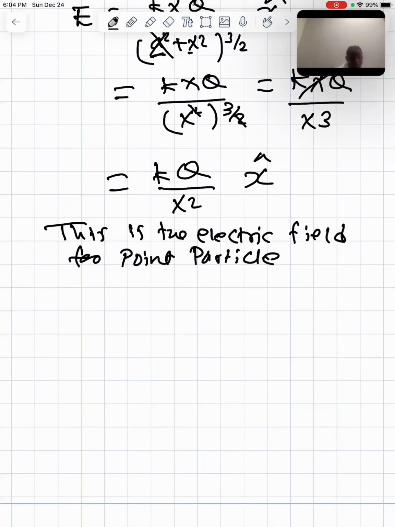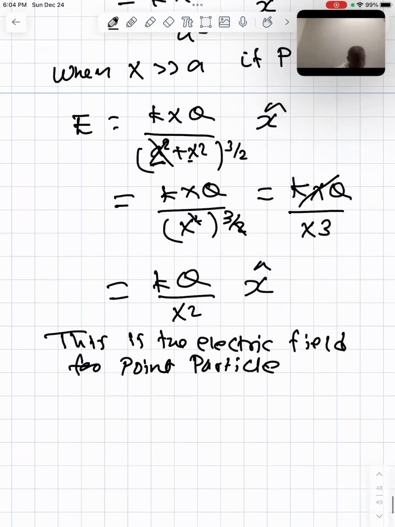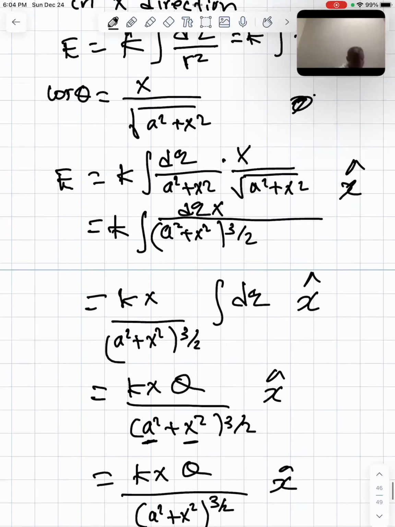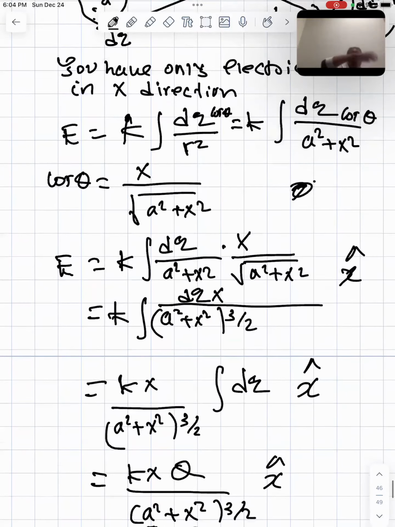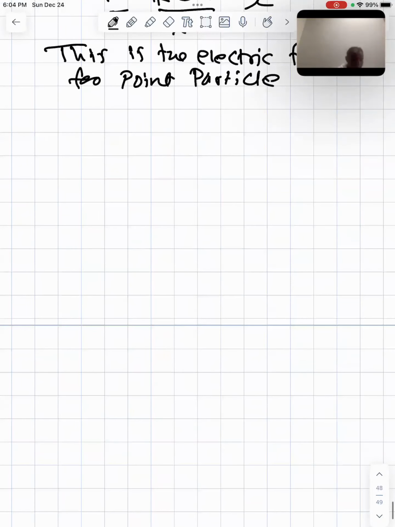Physics is really beautiful. But this is an extremely simple problem because my charge is a ring, and the charge is distributed on the ring. But life will be a little bit more difficult.